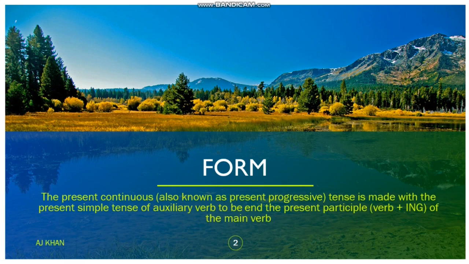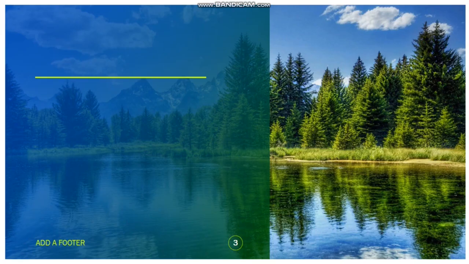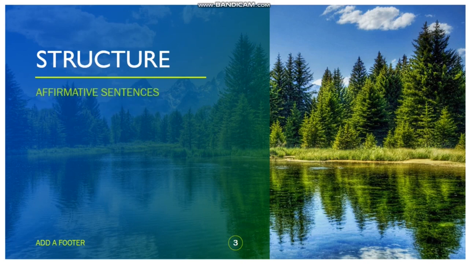So let's move towards the structures of present continuous tense. When we talk about the structures of present continuous tense, we have three different types of structures in a tense. So let's begin with affirmative sentences.